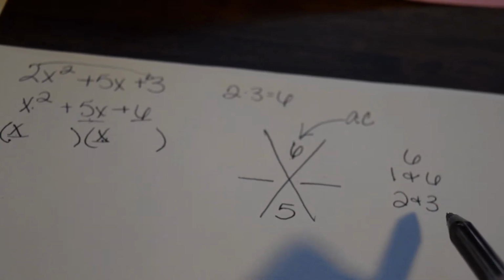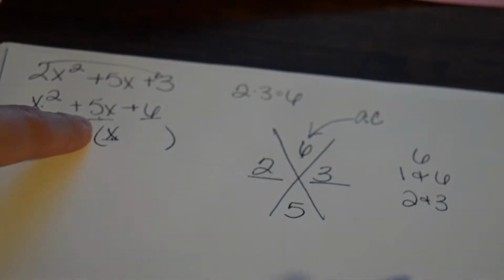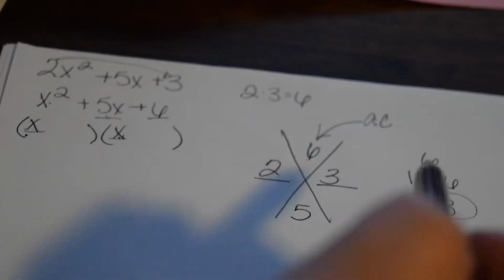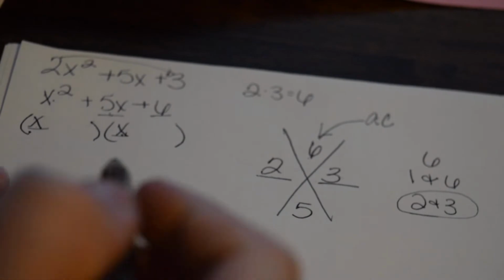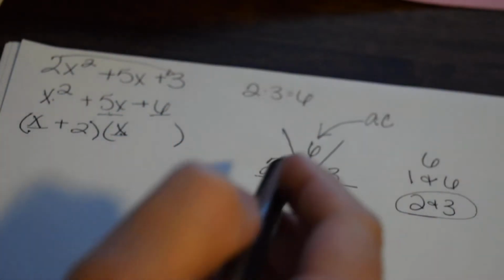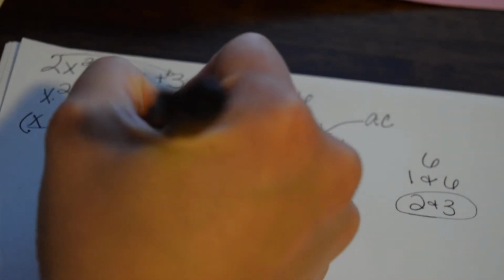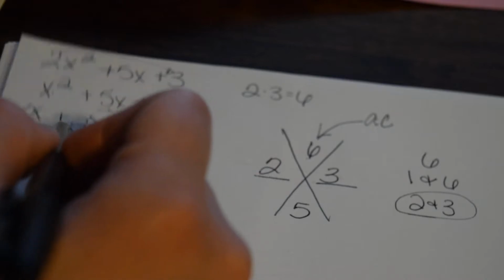So which of these add to get us a 5? So the answer would be a 2 and a 3. Okay, you have to pick the pairing. You can't just pick a 1 and a 3. You have to pick the 2 factors that multiply to get 6, but add to get 5. Okay, so now we know that we have an addition sign, plus 2, and plus 3. And then if I were to refoil this, I would come back to this problem.